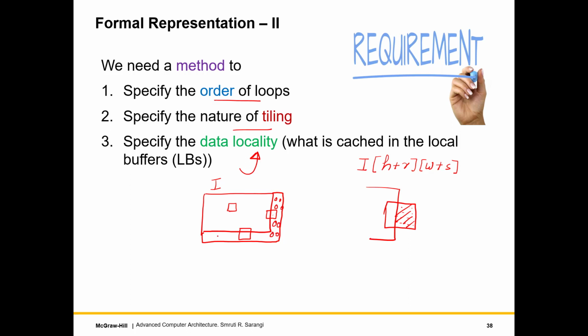This is known as zero padding. It can be done in software, where if your size is HW, you take a larger input feature map, where on one side you add R minus 1 pixels, and on the other side you add S minus 1 pixels, and then you just keep on adding zeros.